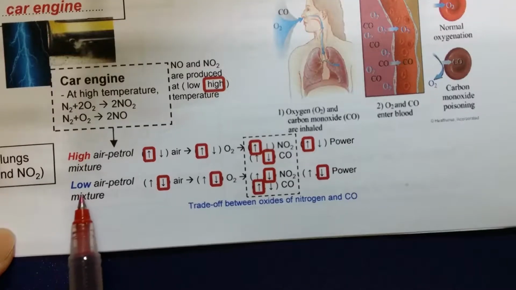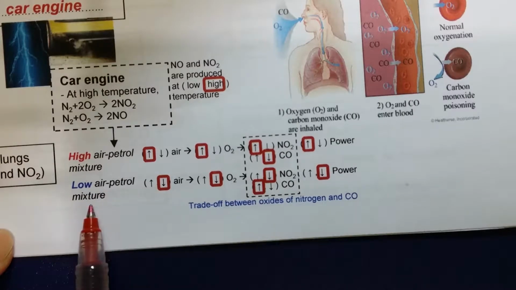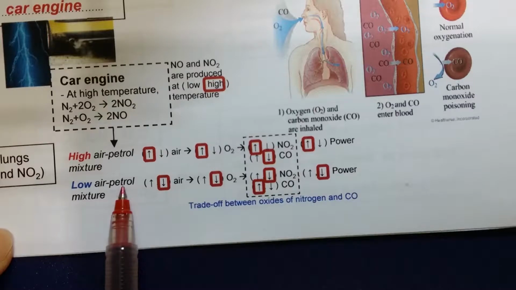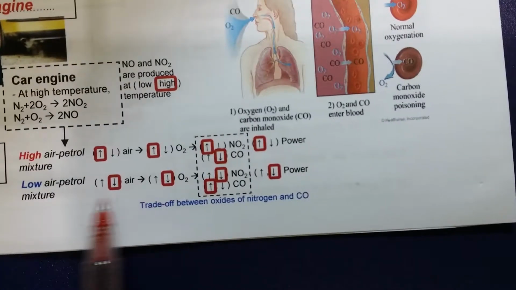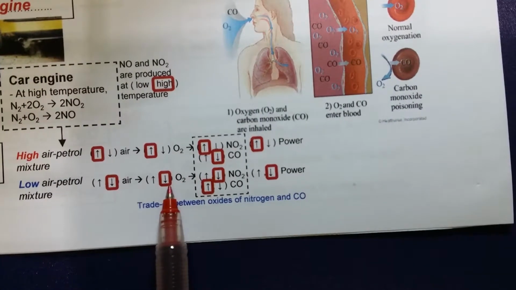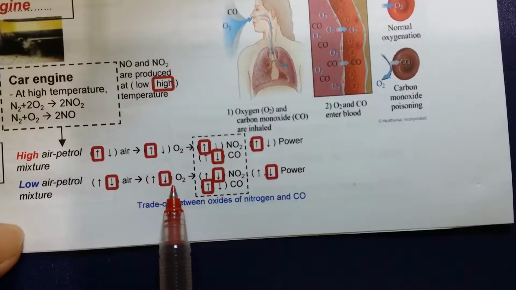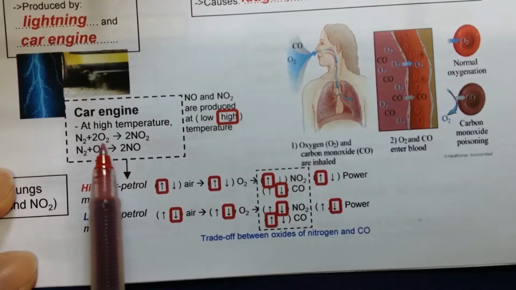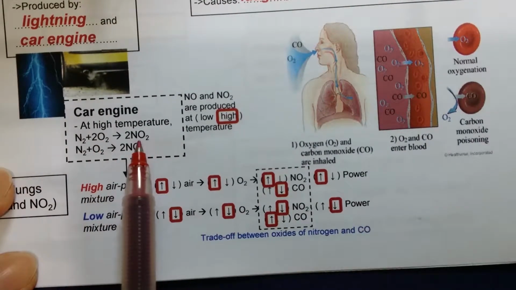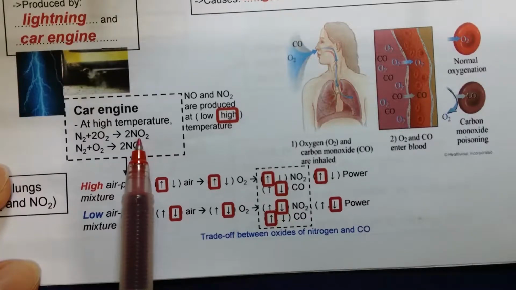Okay, how about in the case of low air petrol mixture, whereby there is very little air but a lot of petrol? When there is very little air, it means that there is very little oxygen. It means that very little nitrogen dioxide will be produced.